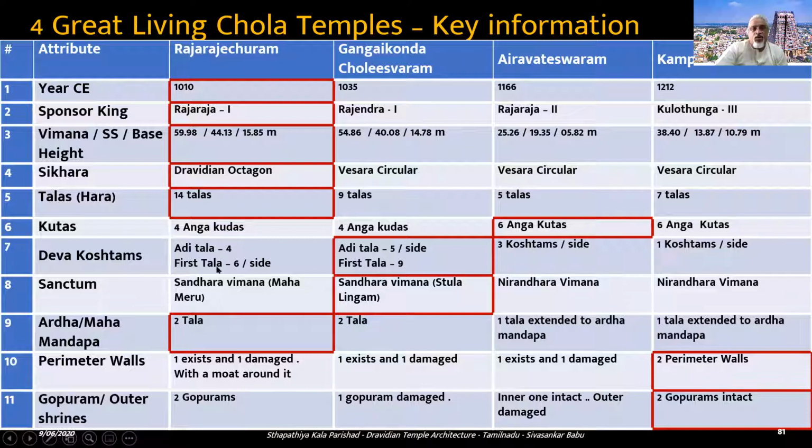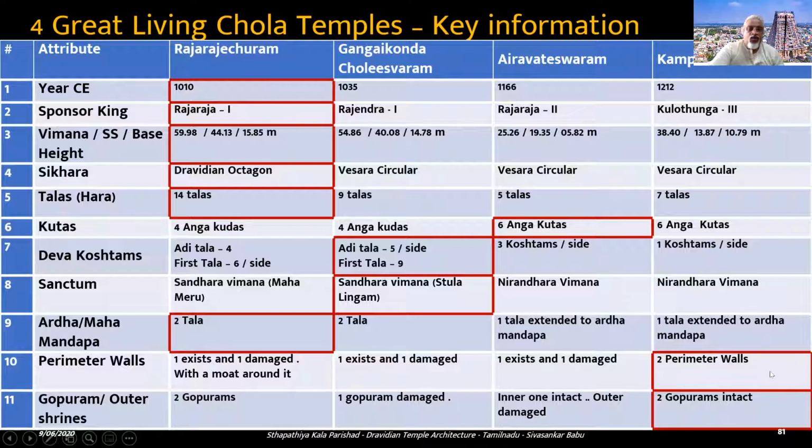When I take the sanctum, the Sandhara circular passage goes up to 2 levels in Rajarajeshwaram, whereas it goes up to 3 levels in Gangakonda Cholapuram. And that is where the 2 walls join together. In terms of the other mandapas, these two have 2 talas, and the other ones have only 1 tala.